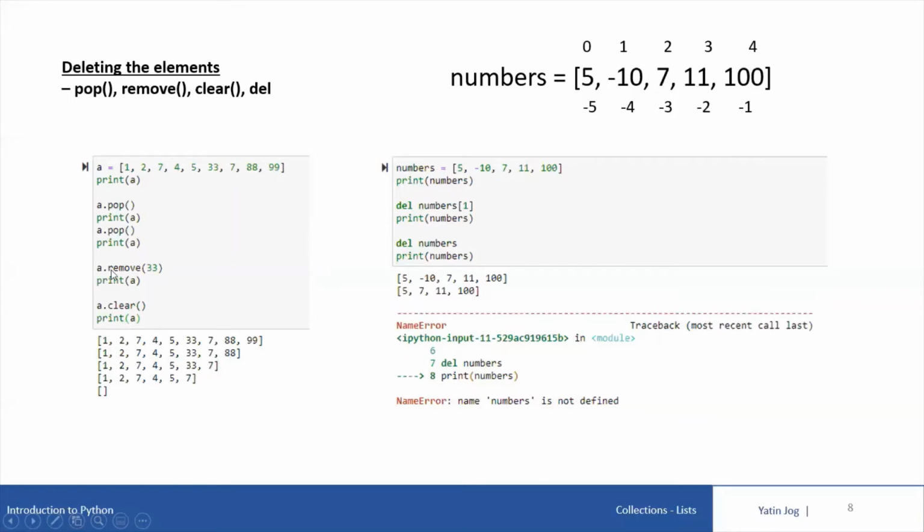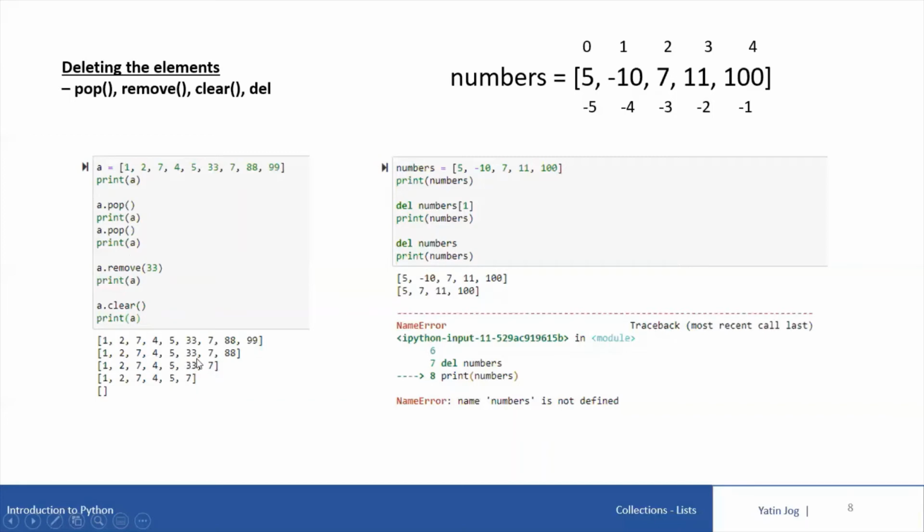Now similar to pop, we have another method using which we can remove or delete an element from a list variable. The method name is remove. Again, it's a method, that means it has to be invoked using a list variable. So when I say a.remove 33, I'm telling the interpreter to remove 33 as a value from list variable A. So wherever 33 is present, remove that 33 from list variable A. This is my current list after two pop invocations.